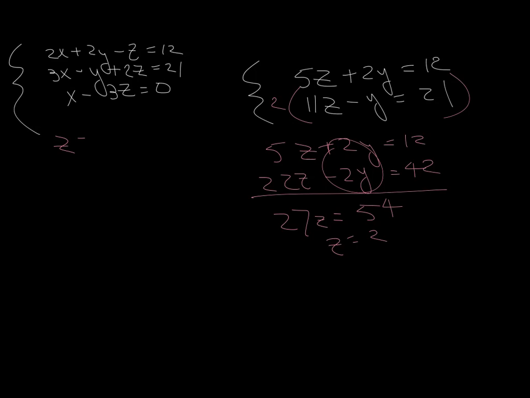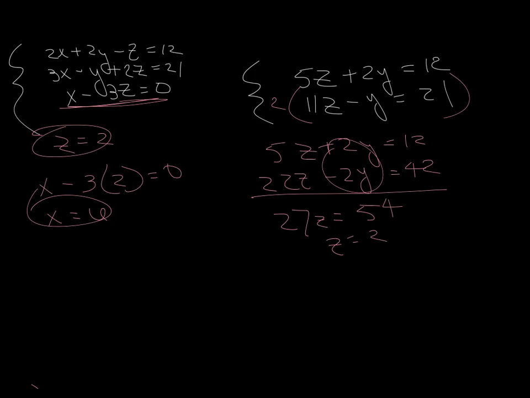So z equals 2. Now I can look here and I can solve for x by putting in a 2 for z. And x equals 6. Now I can take the 2 and the 6 and plug them into one of these problems. So let's take the top one.